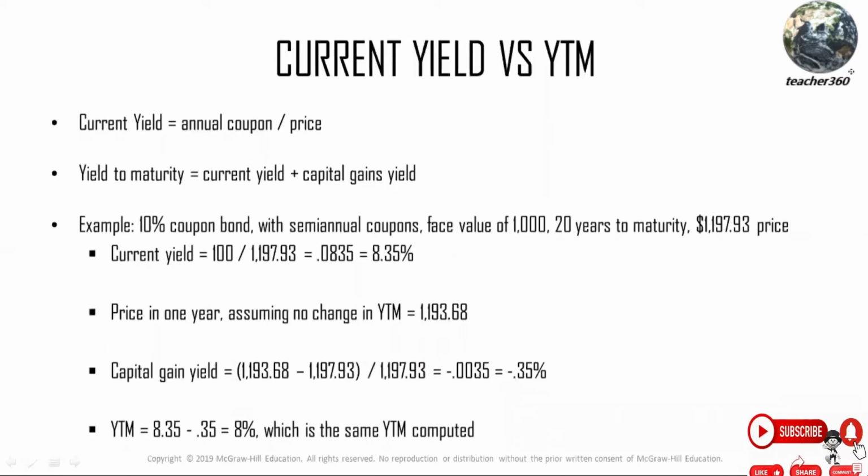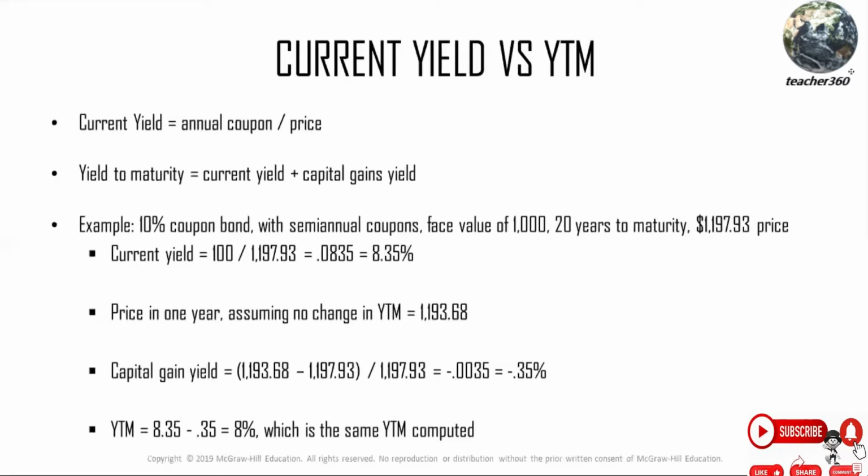Current yield versus YTM. Current yield is the annual coupon divided by price. Current yield considers only the coupon portion of your return. It does not consider the built-in gain from the price discount.